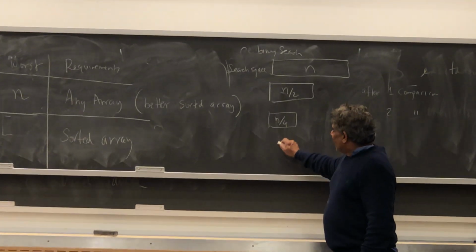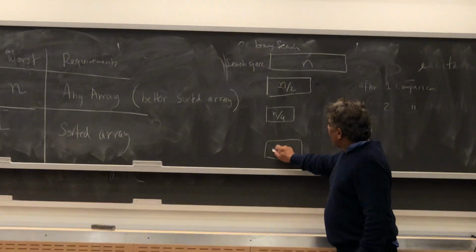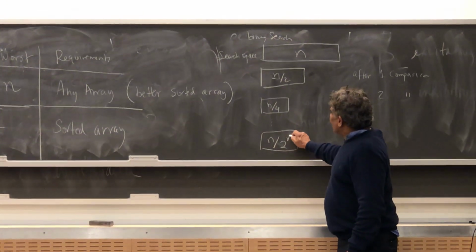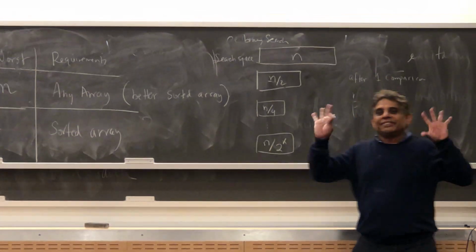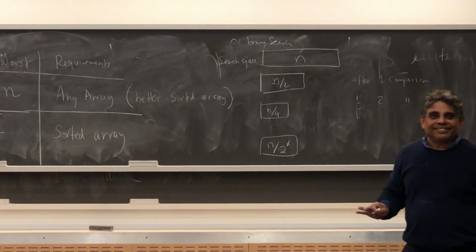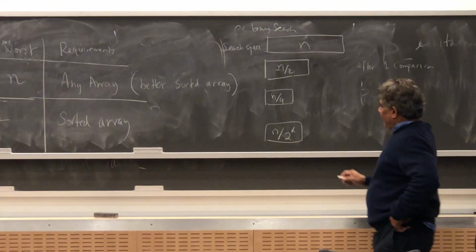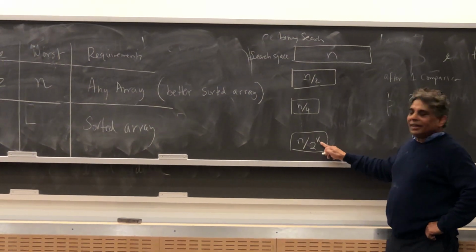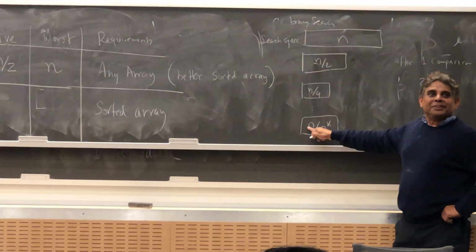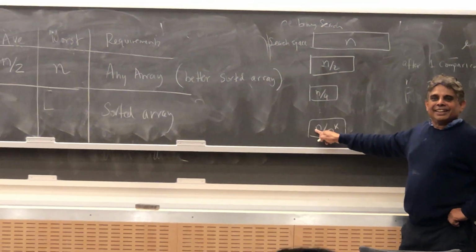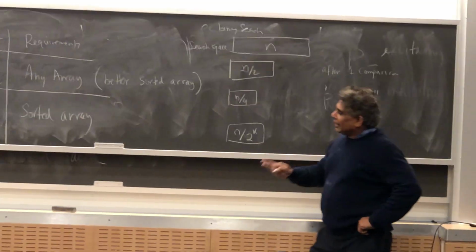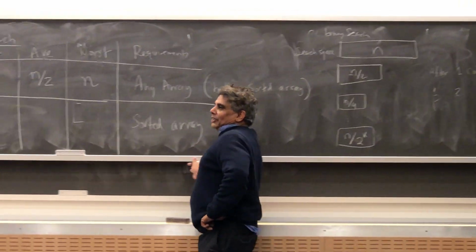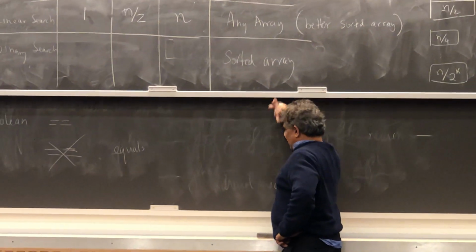So at some point it will become n over 2^k, where k is some number. I don't know what that k is. But this number is going to be so big, it will be the same as that number. Let me give you an example to get a sense of where I'm going with this.